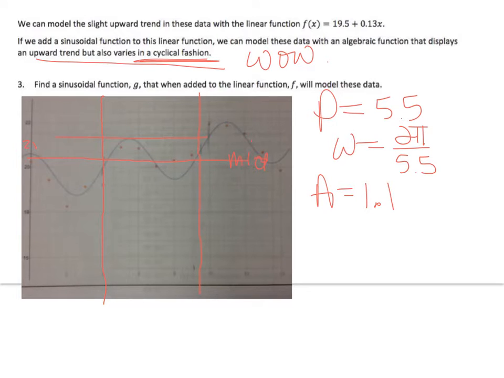Our phase shift, yeah, that one's got me confused. I started it right at where we would cross the axis. So if we look right here, that's where I drew my period starting. But it looks like my midline I'm making a little bit higher.